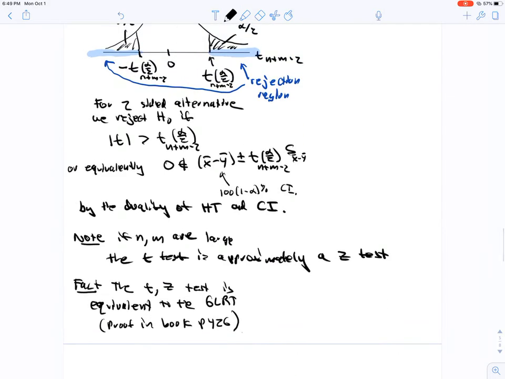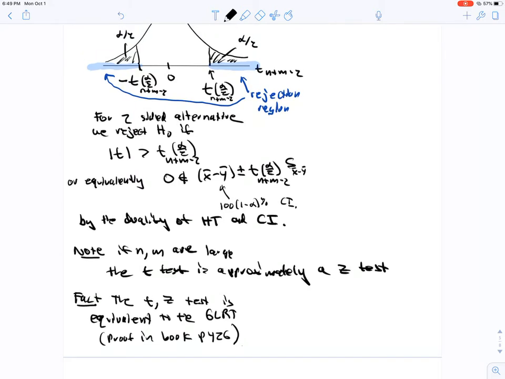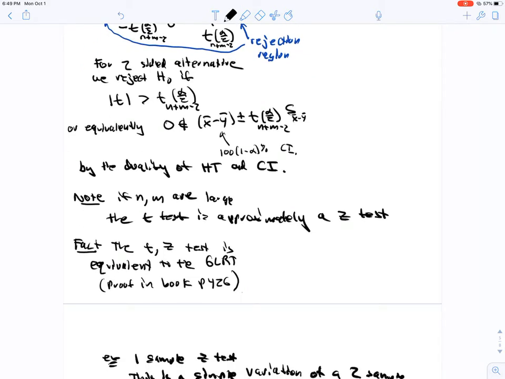So also note that if n and m are large, the t-test is approximately a z-test. Remember that the t-distribution asymptotically approaches the z-distribution when the degrees of freedom approaches infinity. And also note the t and the z-test, where did these things come from?